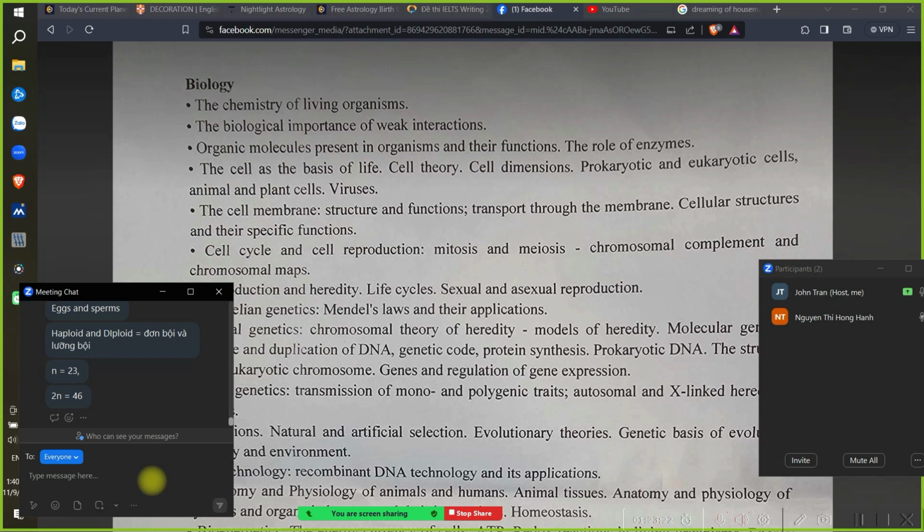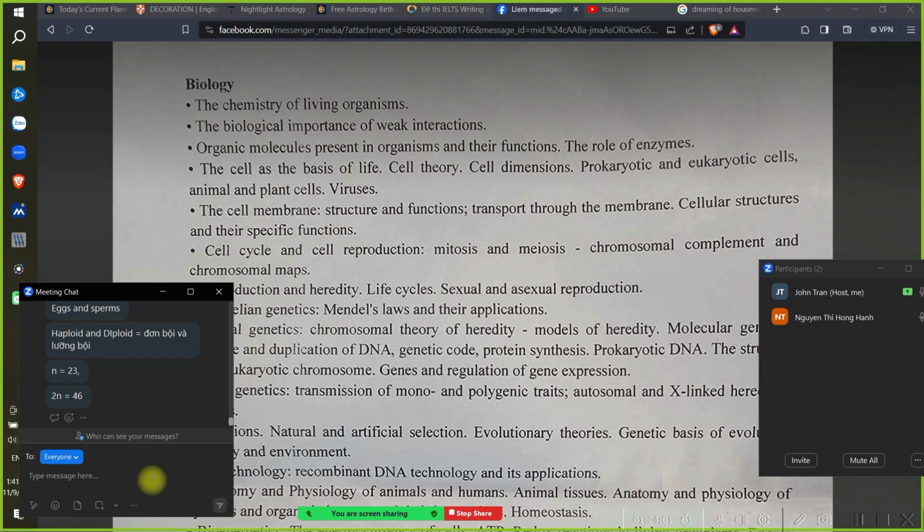So I think I will go deep into each phase of meiosis. In the interphase, chromosomes are not yet visible, but DNA has been duplicated. Meiosis is more complicated in comparison with mitosis, because there are two main phases in meiosis.